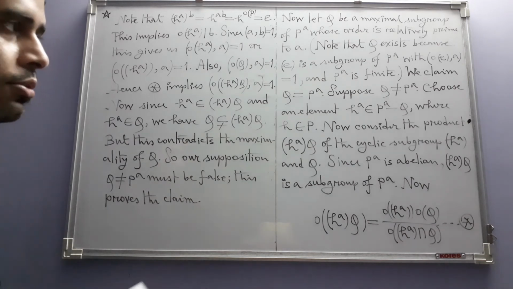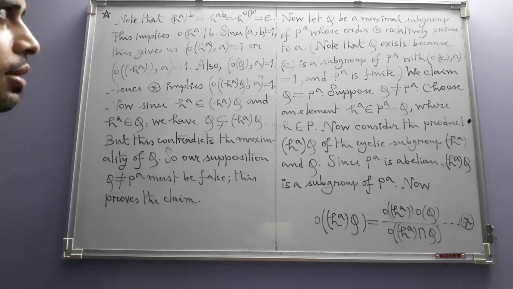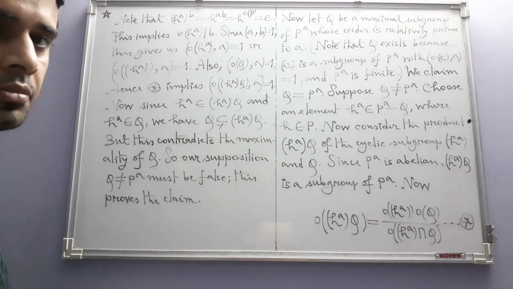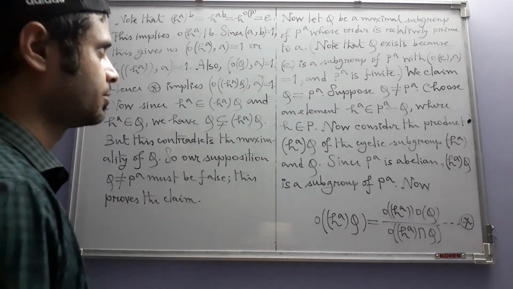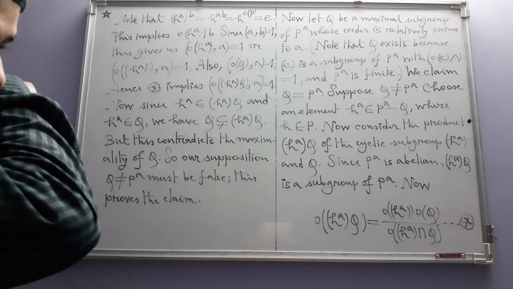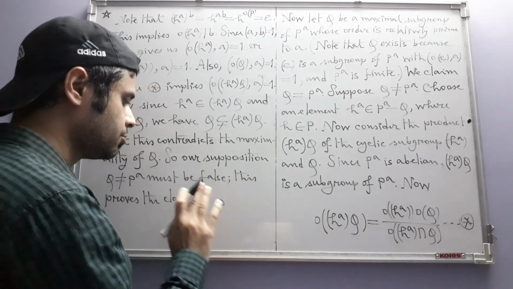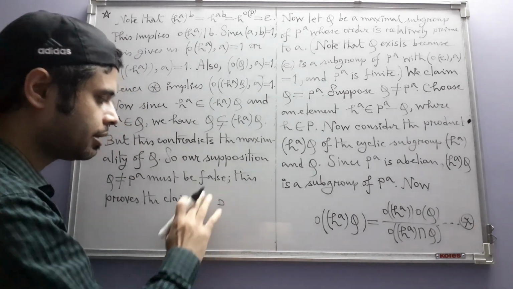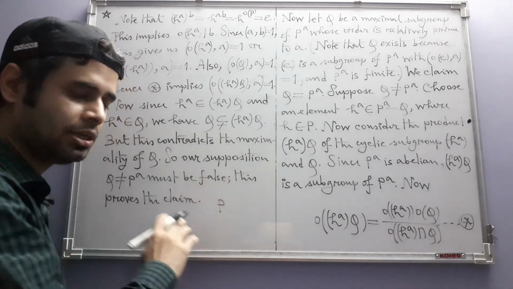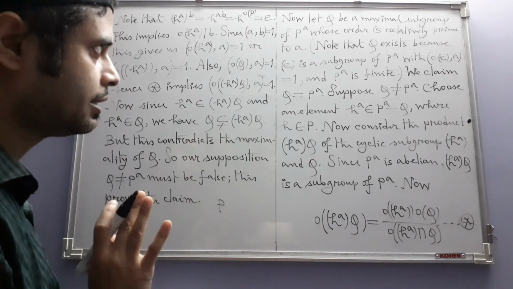And what is the consequence of this claim? This claim tells us that PA is a maximal subgroup whose order is relatively prime to A, in the sense that it has no proper supergroup whose order is relatively prime to A. If you get a supergroup which is containing PA and its order is relatively prime to A, no, you cannot get anything like that.